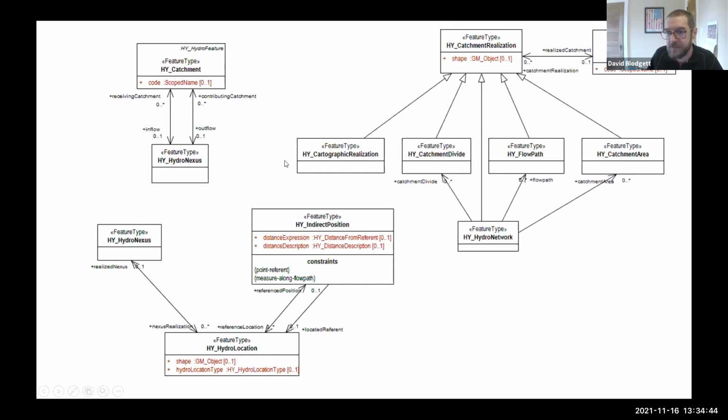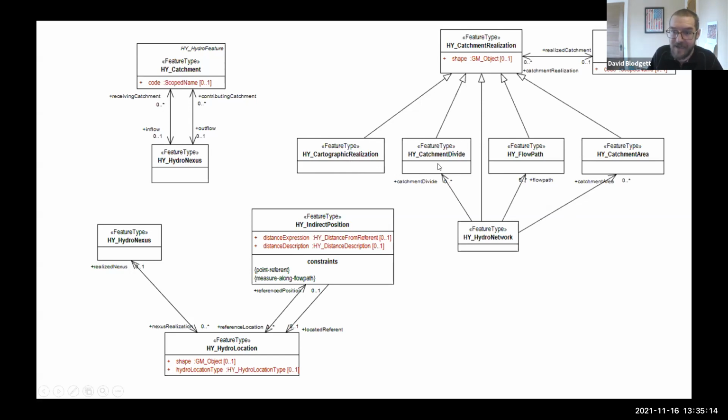Okay, so the diagram here on the upper right is this catchment realization concept that I was talking about a second ago. We have our catchment, this high level identified unit of hydrology. It has realizations. There are multiple classes of realization. So this open arrow implies a subclass relationship, right? So we have a cartographic realization. We might have a map of the catchment.